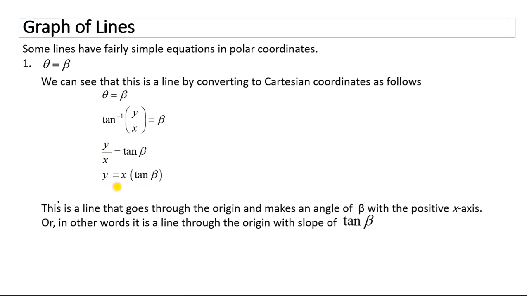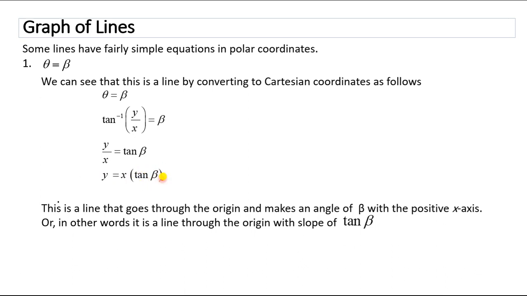Through the origin, making theta equal beta. This is the equation of a line through the origin and the slope is tan beta.